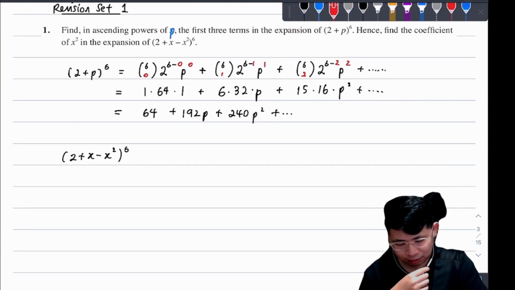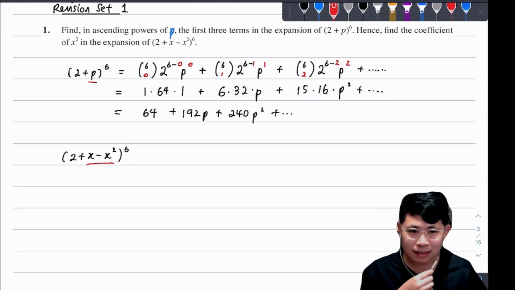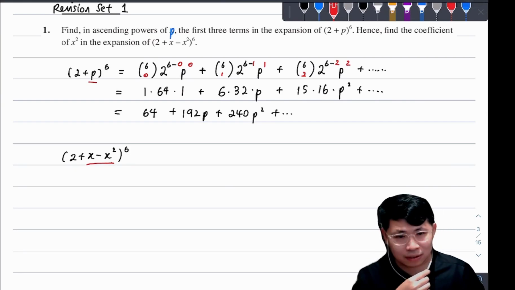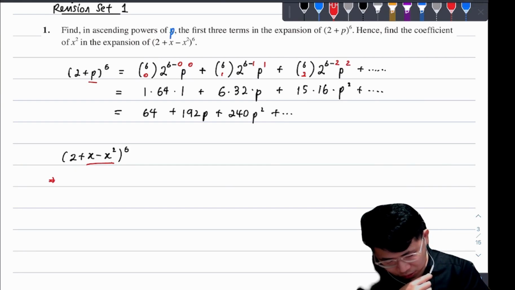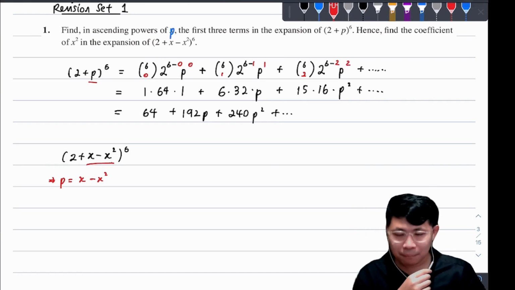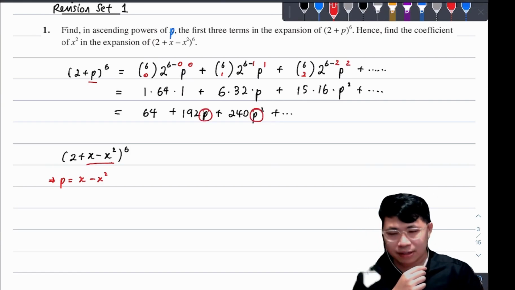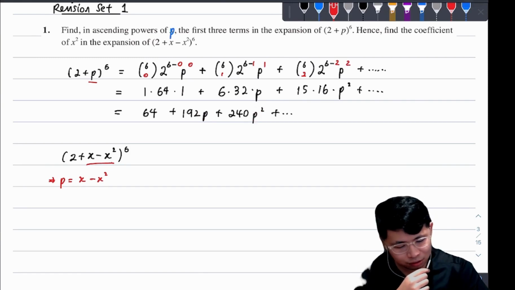So technically p is equal to this, if you notice carefully. So you can substitute p to be x minus x squared. This is the one that we will need to substitute into the results over here. So let's do the substitution.